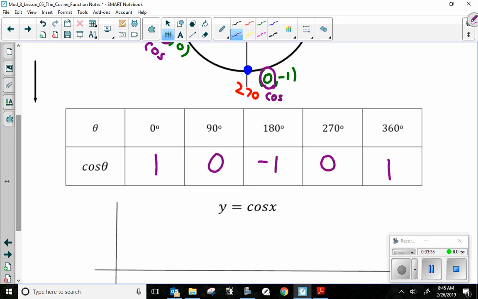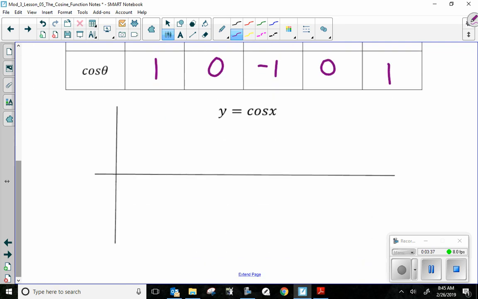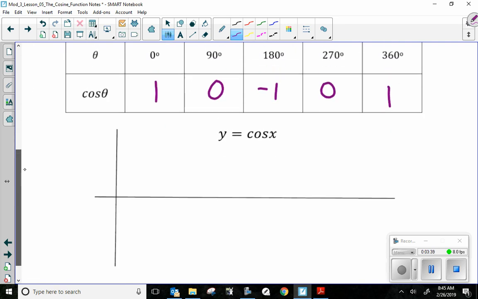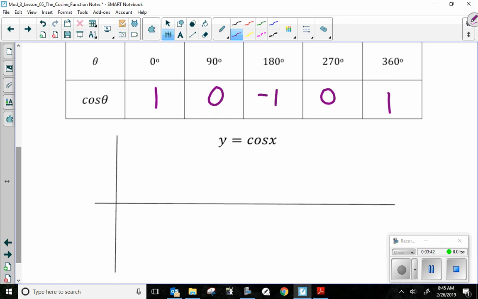Now from this table, we're actually going to draw a graph of cosine. Let me do this so we can see the degrees and our cosine value at those degrees. Right now our x is our degrees, those are our degrees in theta, and our y is the value of the cosine of whatever the degree theta is.